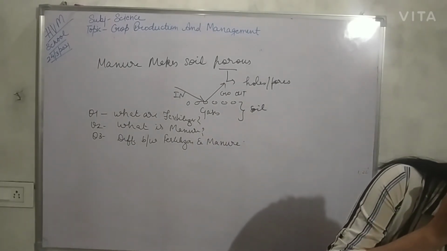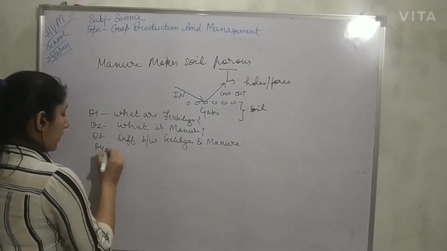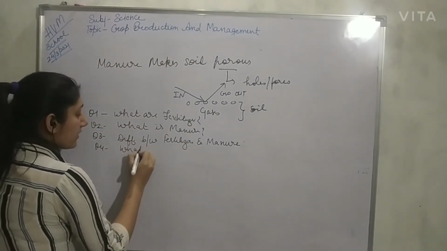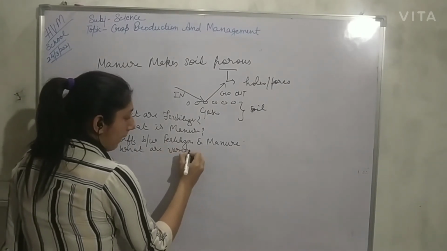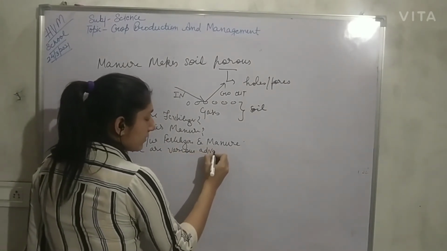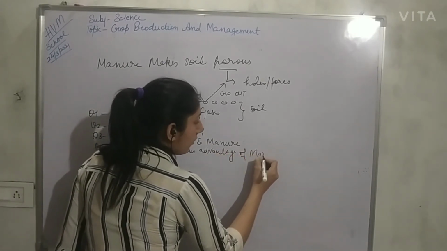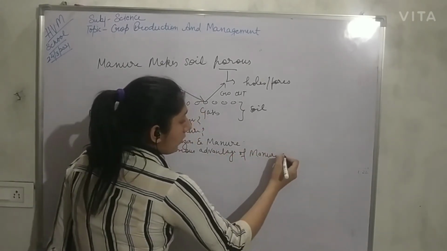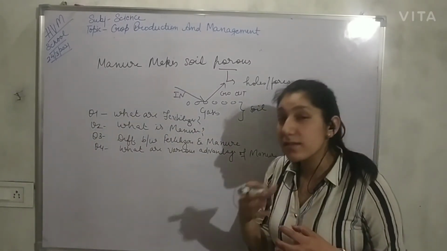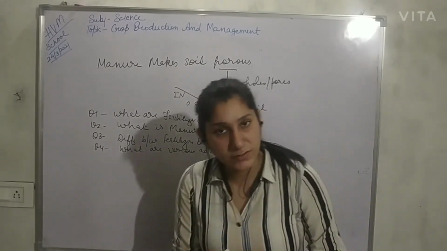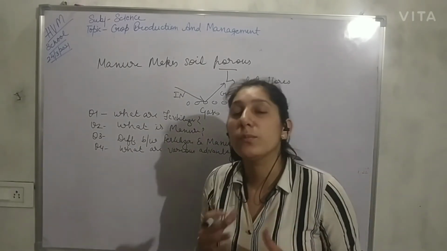And the fourth question that can be asked to you is, what are the various advantages of manure? And we did that manure increases the water holding capacity of the soil. The more the water, the better the crop that can be grown.